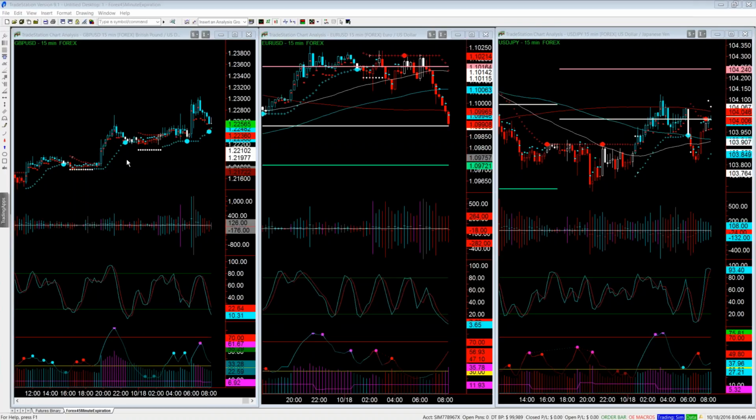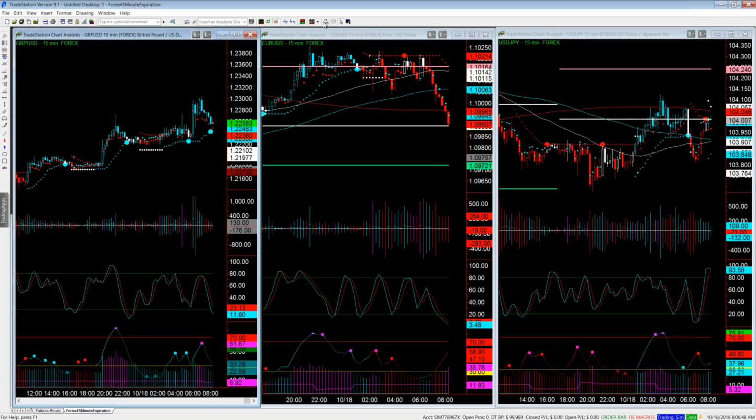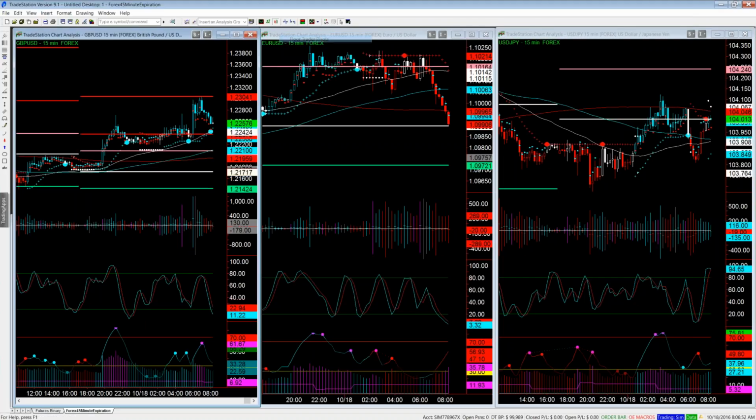So, let me get back to the moving averages and the floor trader pivot lines. Now, I am a big proponent of support and resistance. In other words, I really like to see the entry come in at an area that may support or resist price.